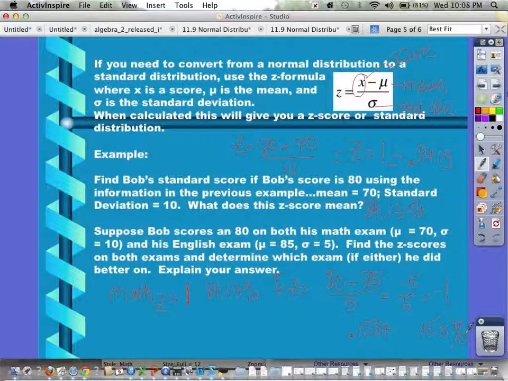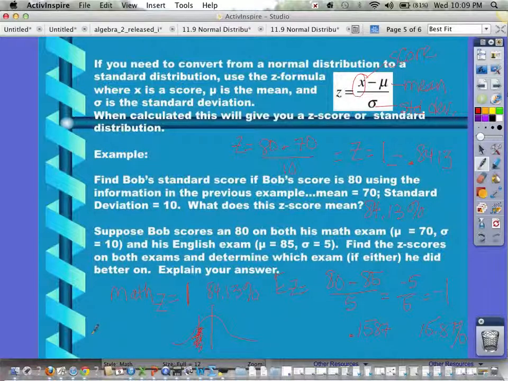Now, anytime you're comparing two scores, this is your math score of positive 1 and your English score of a negative 1, think of your bell curve, okay? And if the average score was 85 on your English exam and you scored an 80, you're over on this side, okay? That's going to be below average.